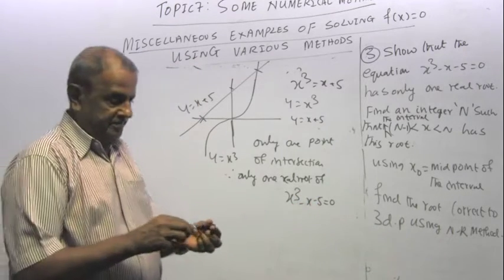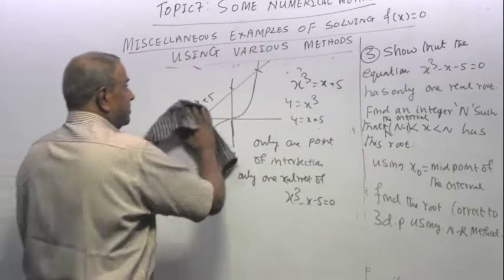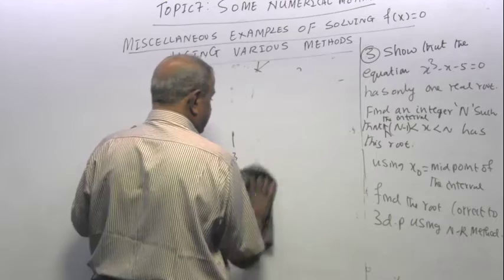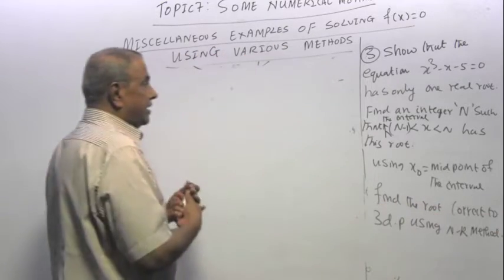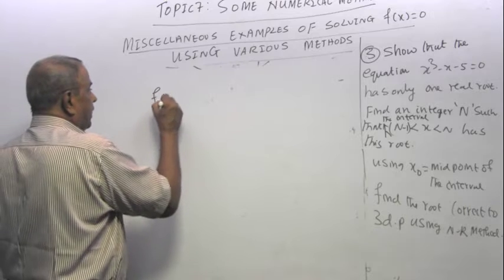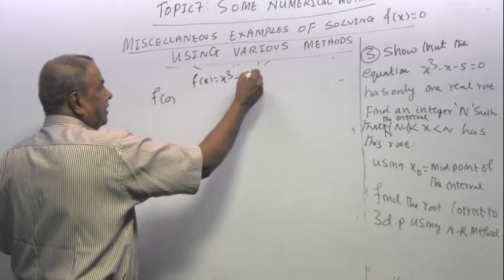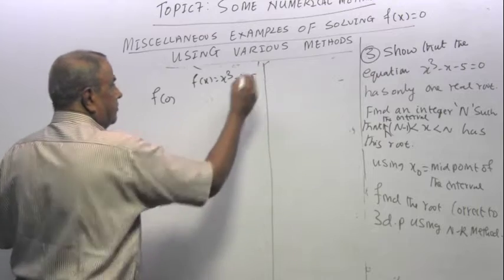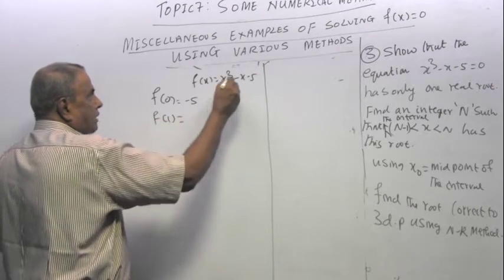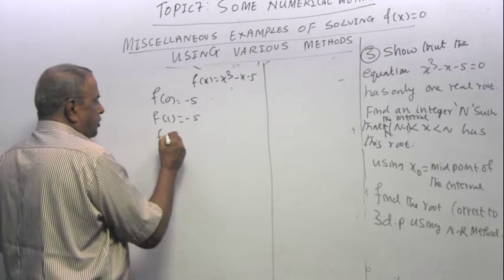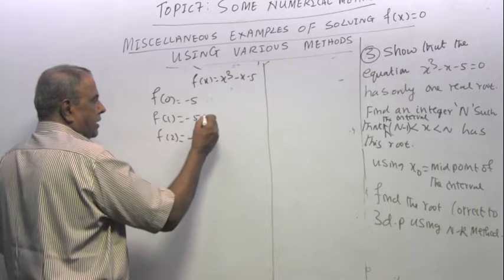2 marks. Alright. The next bit is, you are asked to find an interval. So, look, f of x equals x cubed minus x minus 5. f of 0 is minus 5, f of 1 is 1 minus 1 minus 5, f of 2 is 2 cubed is 8, 8 minus 2 is 6, 6 minus 5 is plus 1.